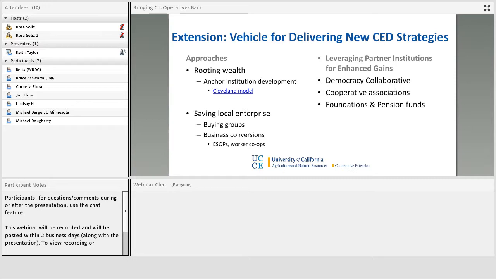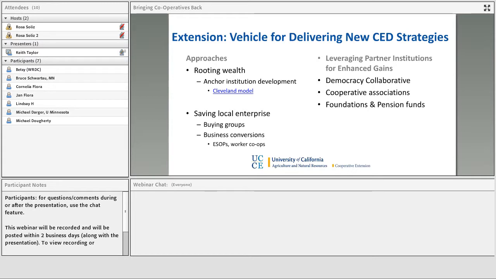If you've heard of the Democracy Collaborative, it's probably because of their work in Cleveland, where they've been working with anchor institutions, things such as hospitals and museums, these institutions that aren't going away. And instead of contracting out to Sodexo Marriott for laundry services or something like this, can we create a local enterprise where the ownership is also by the stakeholders themselves? And through that, do we get this enhanced economic multiplier effect?